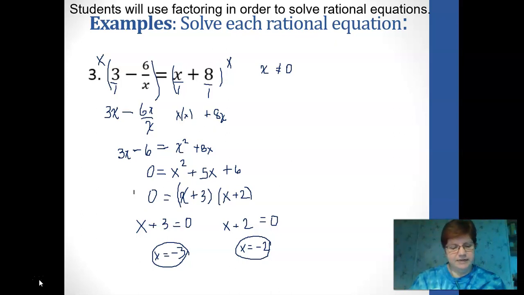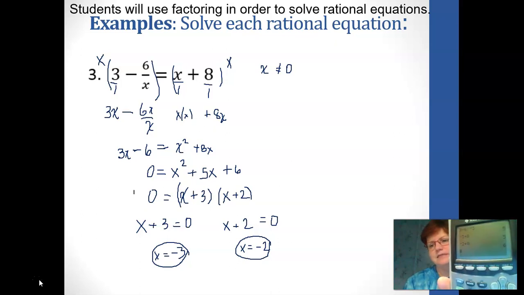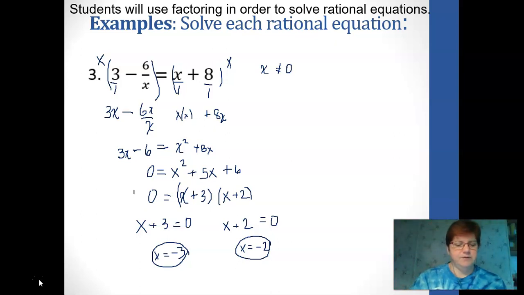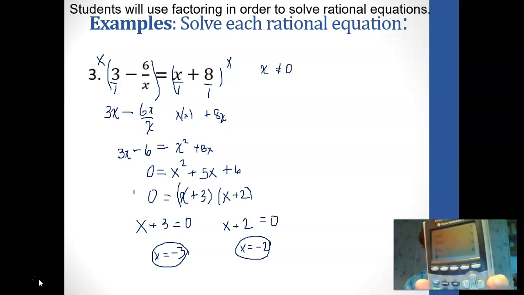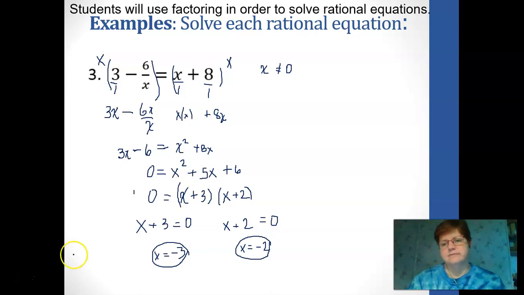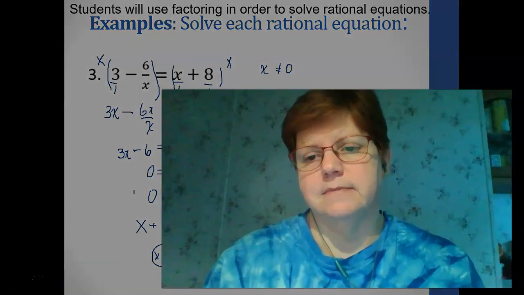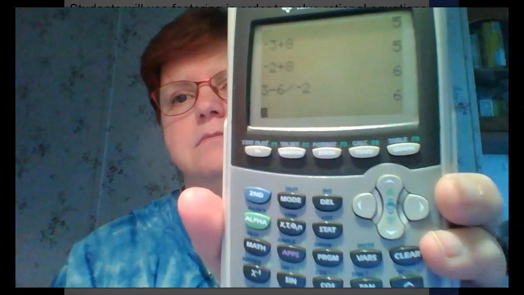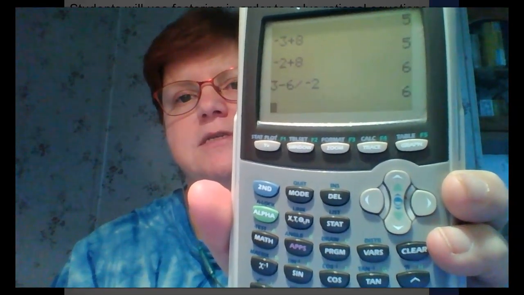Now if I do negative 2 plus 8 on the right side, I get 6. And if I do 3 minus 6 divided by negative 2, I also get 6. So there's my work for those last two. You can see they both equal 6. Okay?